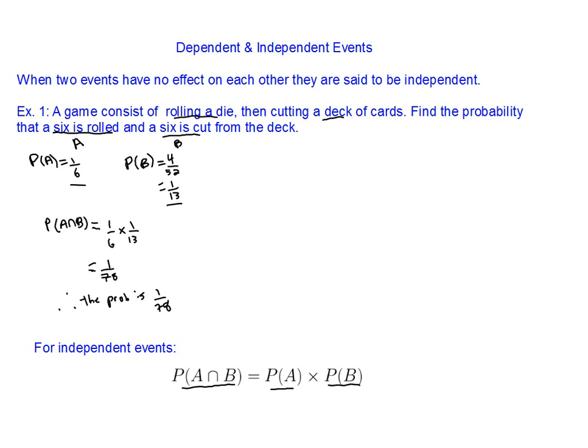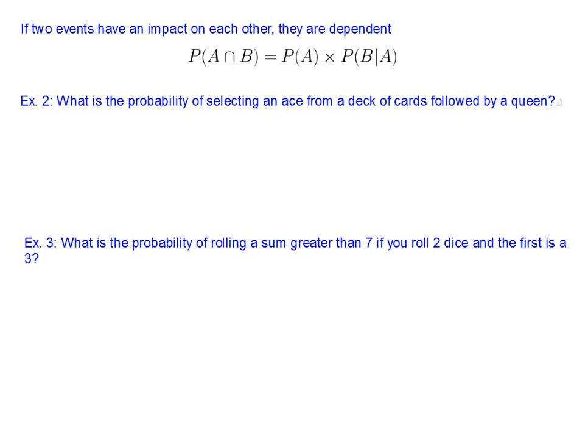Let's look now at what happens when we have dependent events. If one event has an impact on the other, then we say that the two events are dependent. The way that we calculate the probability of two events happening, this same idea as before, we're trying to find the probability that A and B happens.